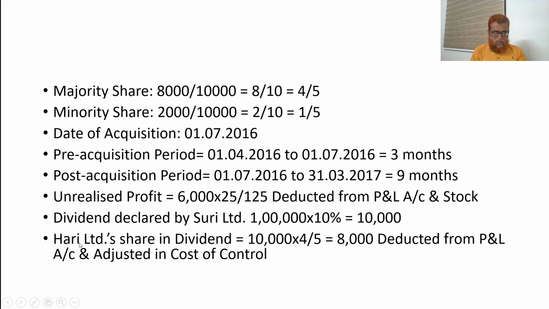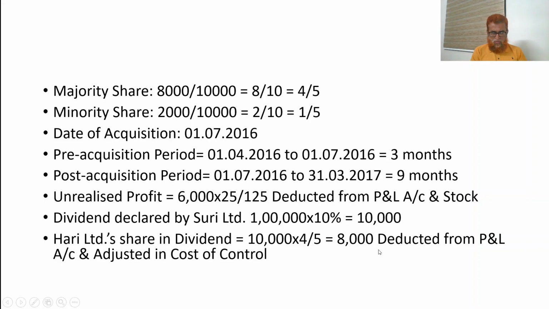Out of 10,000, the holding company's share, that is Hari Limited's share, is 4 by 5. 10,000 into 4 by 5 means 8,000 rupees. This is the capital profit, or this is the share in the dividend of Suri Limited. So Suri Limited pays dividend to the shareholders. As Hari Limited is a shareholder of Suri Limited, it will also get dividend, and the amount which it gets as dividend is rupees 8,000.